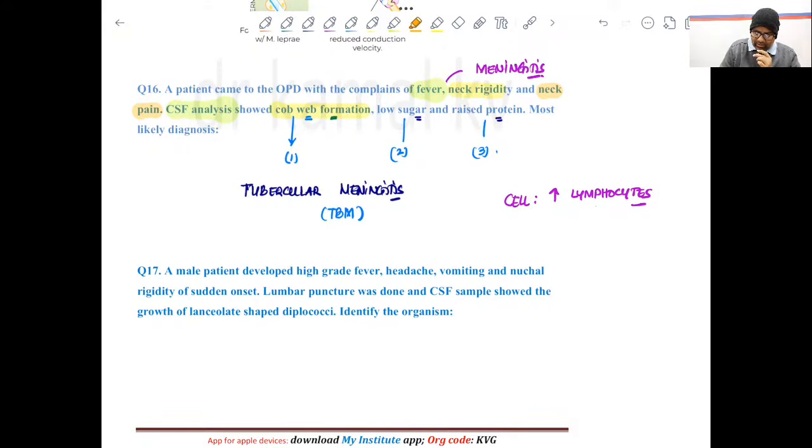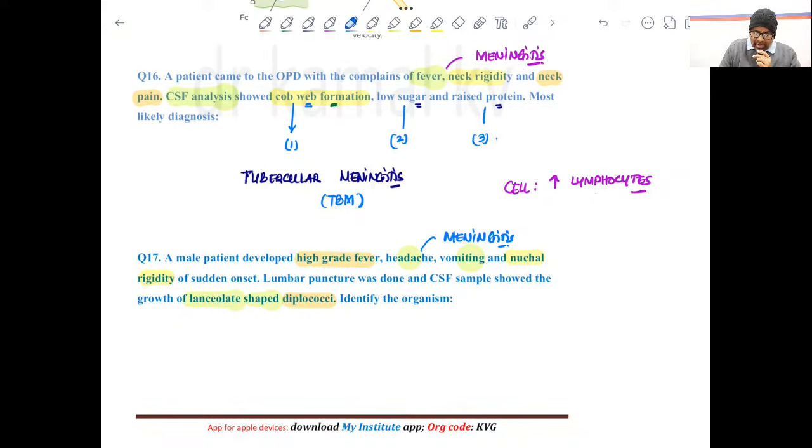Then moving forward, a patient with high-grade fever, headache, vomiting, and neck rigidity. So again, this is a classical case of meningitis. And when we did CSF analysis, we found growth of lanceolate shaped diplococci. Now, which organism is this? Here, lanceolate means blunt at one side, pointed at other side.